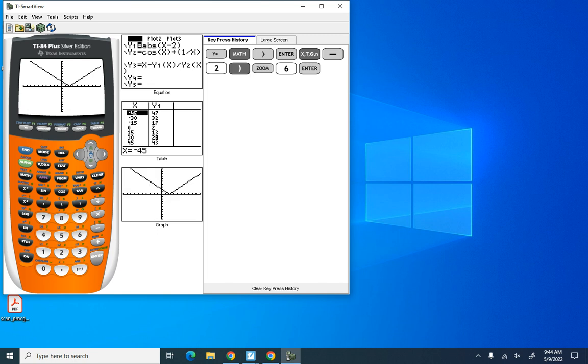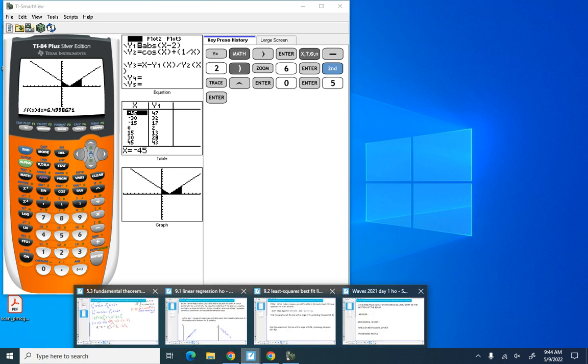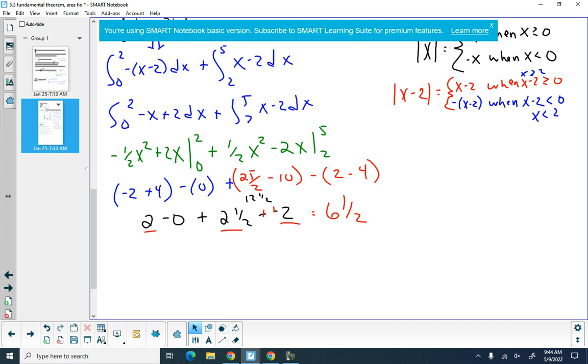So we want to calculate, second, calculate, the antiderivative, option 7, from 0 to 5. And once again, what will happen is it will shade in, and you get 6.4999, which rounds to 6.5. Once again, you can utilize your calculator to give us a check.